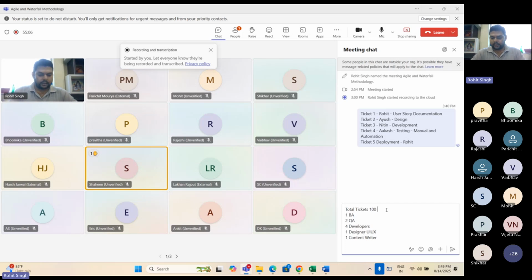And 100 tickets, let's say 4 weeks is equal to 28 days. It is a 9 hour shift. That means I have total, I am showing you exactly how we do the sprint planning.